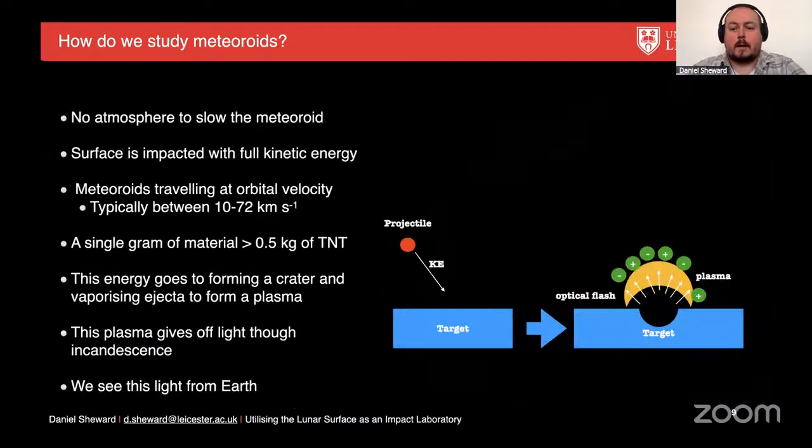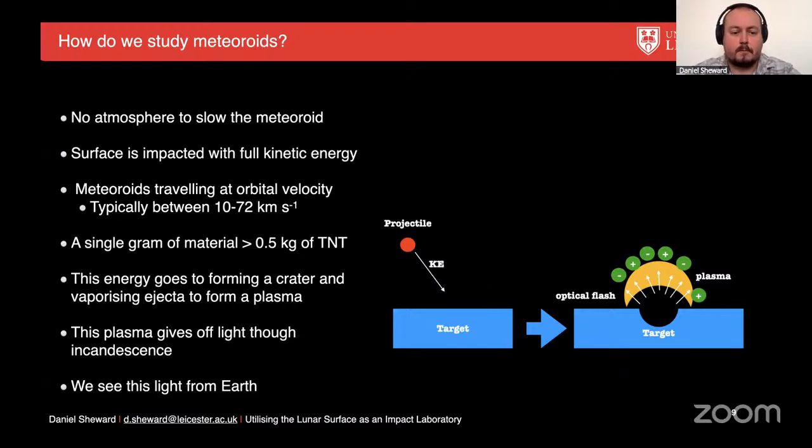And the way that the light is actually generated: because there's no atmosphere to slow the meteoroid, we get the full kinetic energy, and most of these meteoroids are traveling between 10 to 72 kilometers per second. So even a single gram of this material has the same energy released as half a kilogram of TNT.